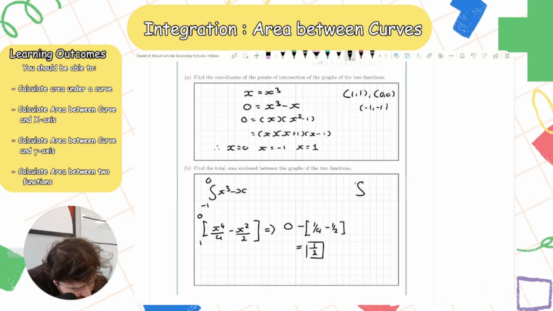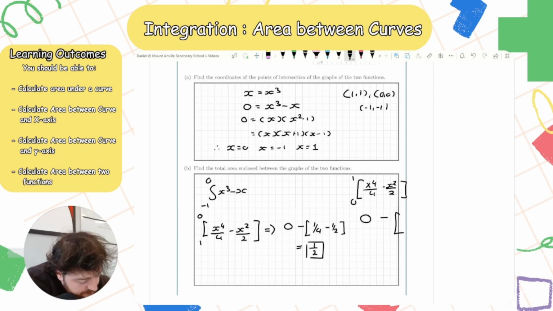I need to find the integral now between 0 and 1. So that is going to be x to the power of 4 all over 4 minus x squared all over 2. That's going to be 0 minus, because we're subbing zero in, they're all going to cancel out, minus a quarter minus a half.